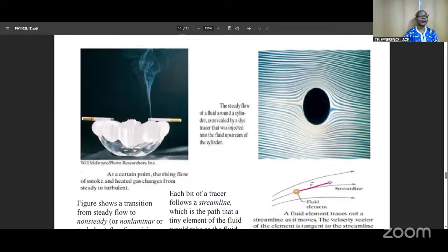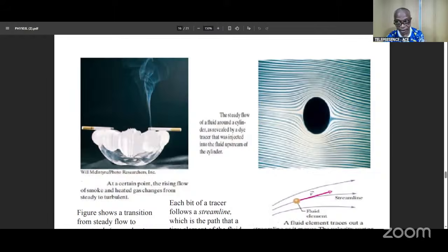So I like this figure, and for those of us that will be looking at combustion theory, this figure is very, very important. The one on the left talks about combustion theory, and the one on the right talks about the way fluid will move. I told you, if there is no obstacle... you can see the obstacle in black on the right side.